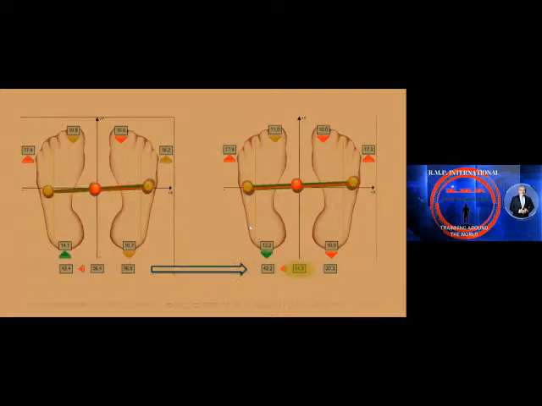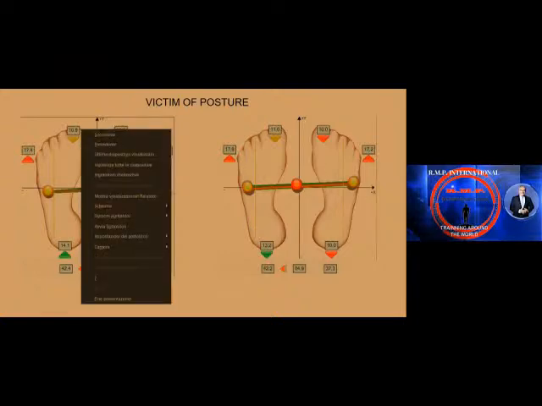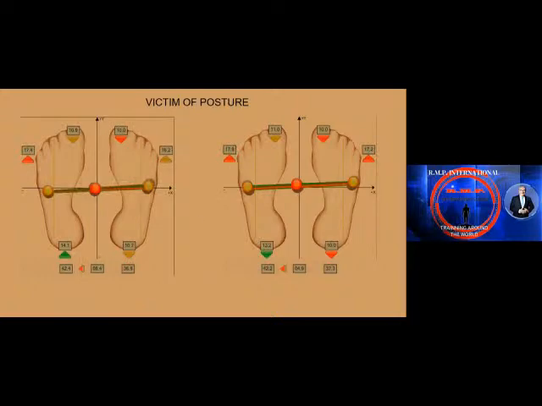In that case, this is a victim of the posture, but even there, it is creating a problem, because it's trying to resolve the postural problem, and then later it will create a problem. And you can measure that with the posturometer.